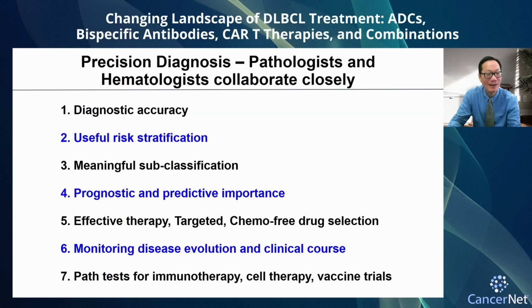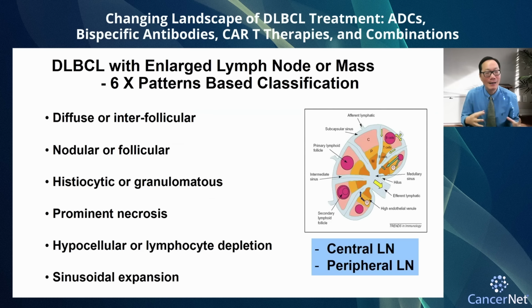I particularly emphasize 7 points: diagnostic accuracy, useful risk stratification and subclassification, prognostic and predictive biomarkers, helping our colleagues develop effective treatment, monitoring patients by using unique or companion tests, and supporting patients for advanced immunotherapy, cell therapy, and even future clinical trials. So when you are looking at DLBCL pathology, there are 6 different patterns.